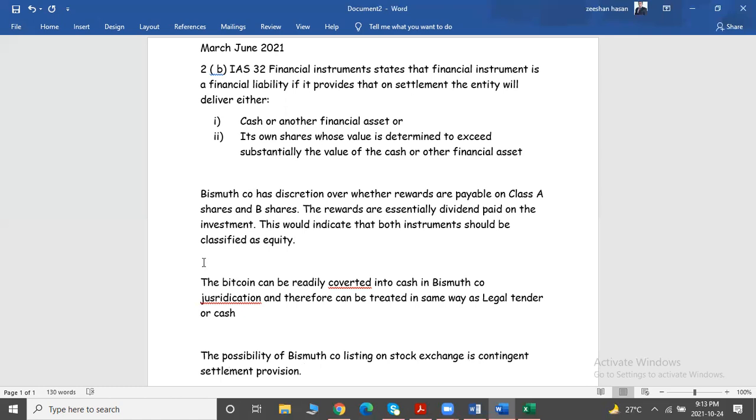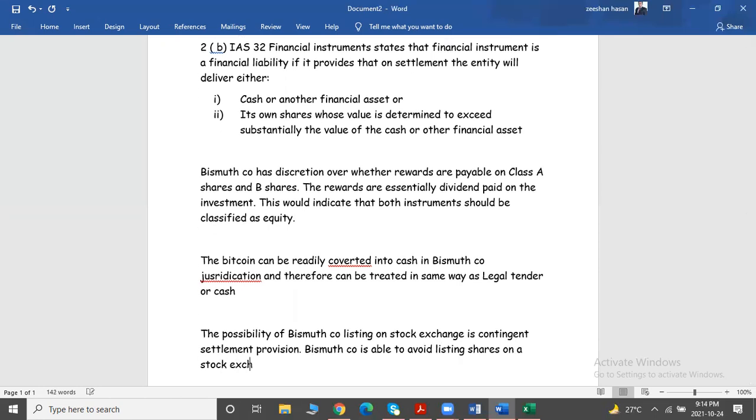Bismuth Company is able to avoid listing shares on a stock exchange if it so chooses, but is unlikely to do so.